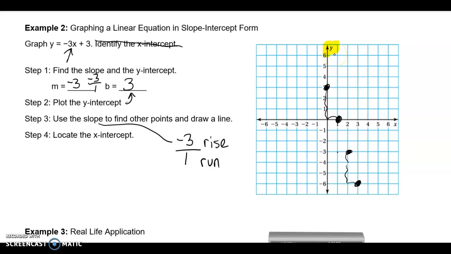I could also go back up to where I started and keep that pattern going. So I could go up 3 and 1 that way. And then do the best you can. This is difficult for me, but you will use a straight edge. Connect those, make your line all the way across your graph, arrows on the end.